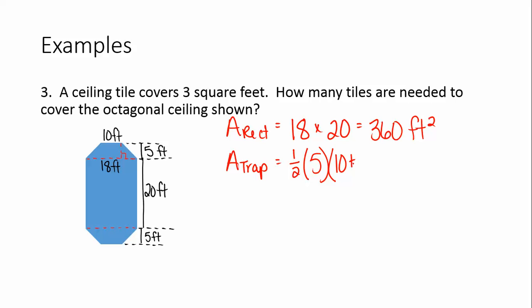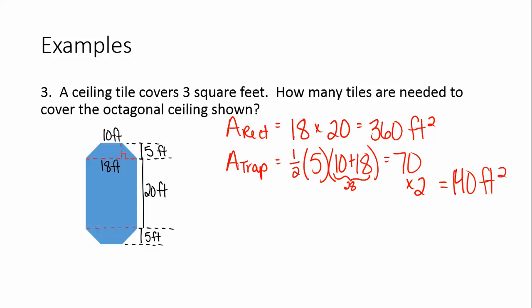So it's 10 plus 18. So you're doing 0.5 times 5 times 28. The sum here is 28. And that's going to give you 70, but we need to multiply it times 2 because there are 2 trapezoids that we've cut out of the shape of the ceiling. So that's 140 feet squared.